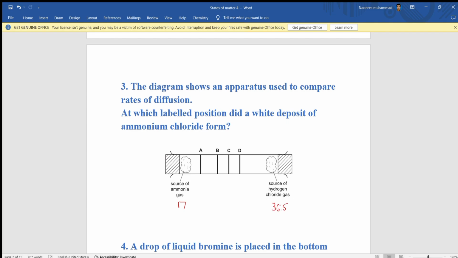Hydrogen chloride gas is heavier, or it has higher molecular mass, so its rate of diffusion will be less as compared to ammonia gas, which has higher rate of diffusion and it will cover more distance. As a result, the ring will form at position D.